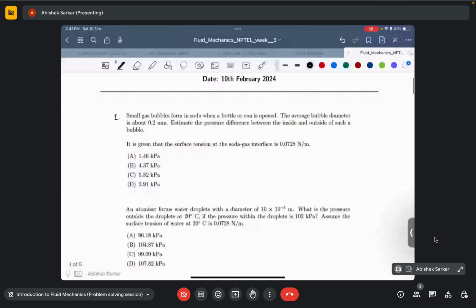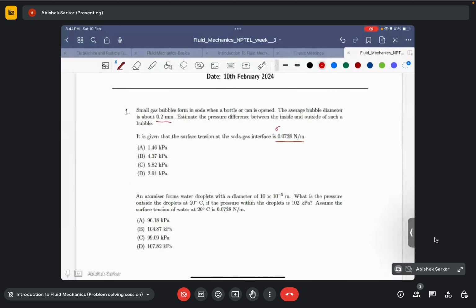The first question is very simple again. Small gas bubbles form in a soda when a bottle or a can is opened. The average bubble diameter is 0.2 millimeter. Estimate the pressure difference between the inside and the outside of such a bubble. It is given that the surface tension of the soda gas interface is 0.0728 Newton per meter. This is basically our sigma.